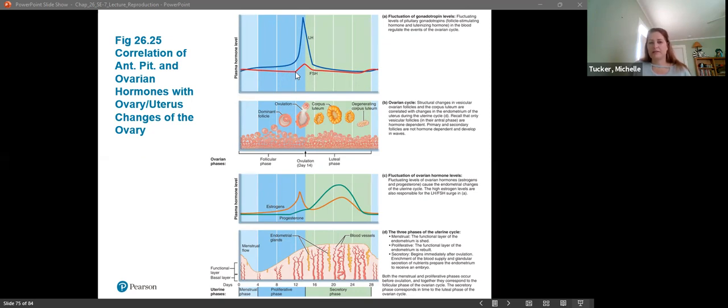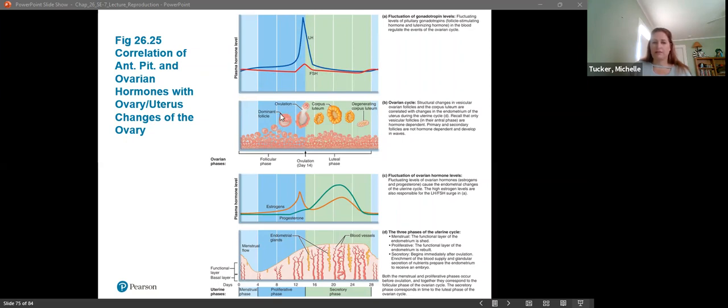This decrease in follicle stimulating hormone is going to cause most of those maturing follicles to attrit, to just stop growing. But the dominant follicle is going to continue.